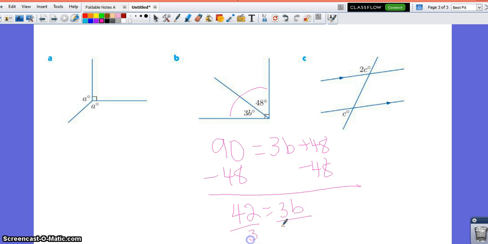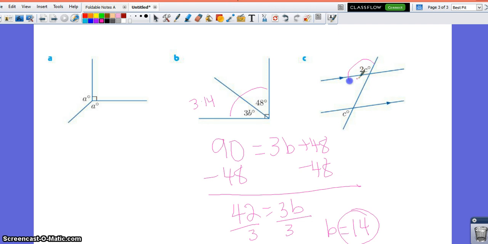Divide both sides by 3. So then B is equal to 14. Now, it's not asking you what this would be, but 3 times 14 is going to be the 42. So this is 48, this is 42. You could have done it a multitude of ways, but anyway.